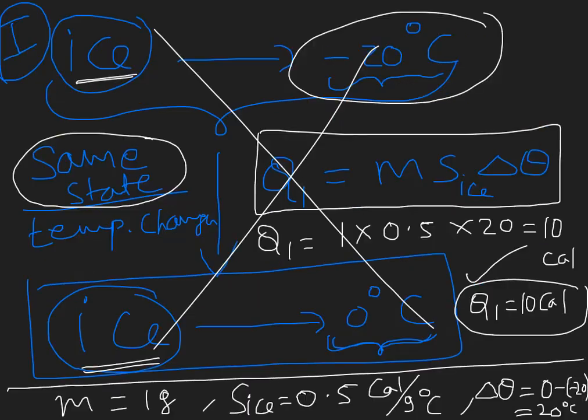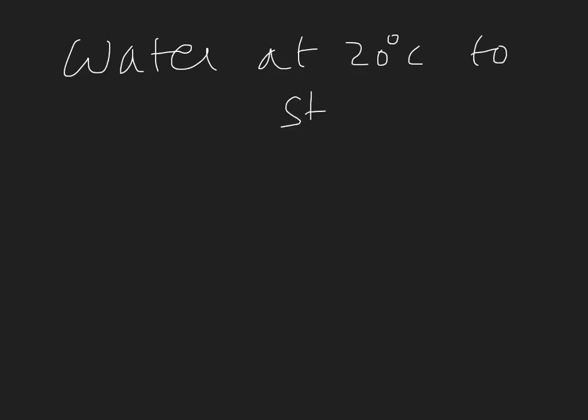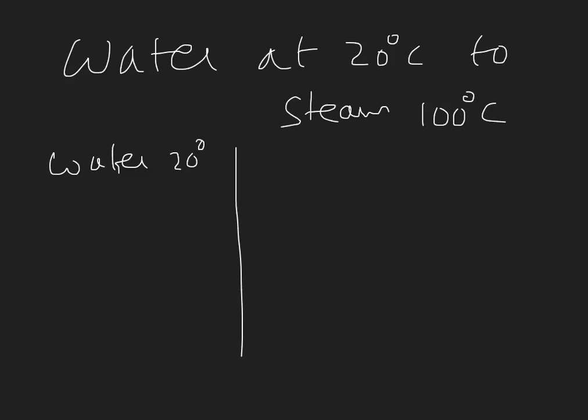So a very simple thing you have to understand from this problem: suppose the question asks to convert water at 20 degrees centigrade to steam at 100 degrees centigrade. So we go first: water at 20 degrees centigrade to water at the maximum temperature, 100 degrees centigrade.